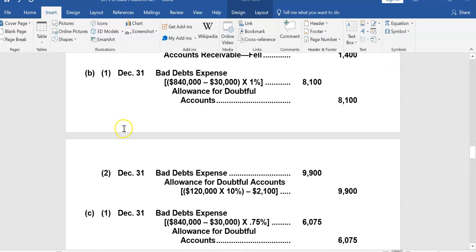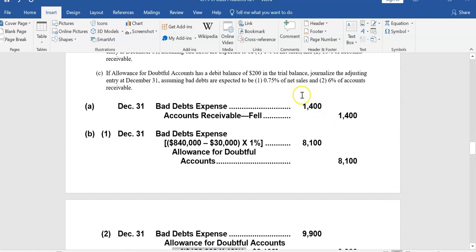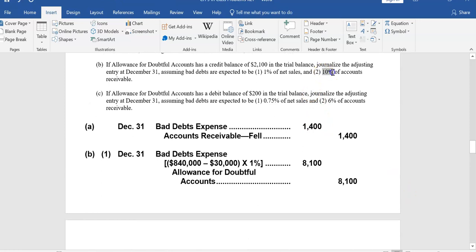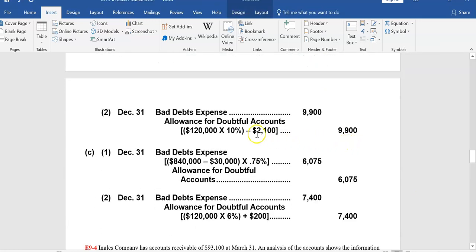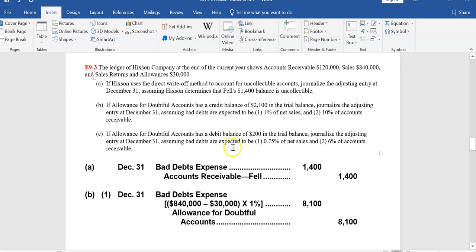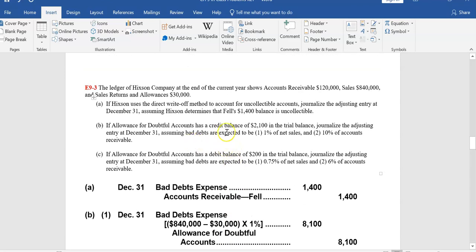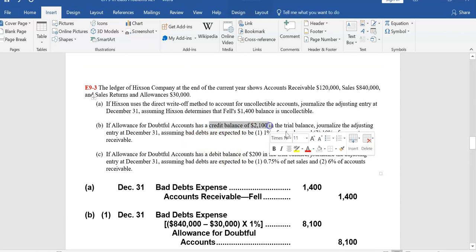Under the percentage of accounts receivable method, we are going to take the balance in accounts receivable, $120,000, multiply it by the percentage uncollectible, which is 10%. That calculates for us the total amount that we need in the allowance for doubtful accounts. The allowance for doubtful accounts currently has a credit balance of $2,100.